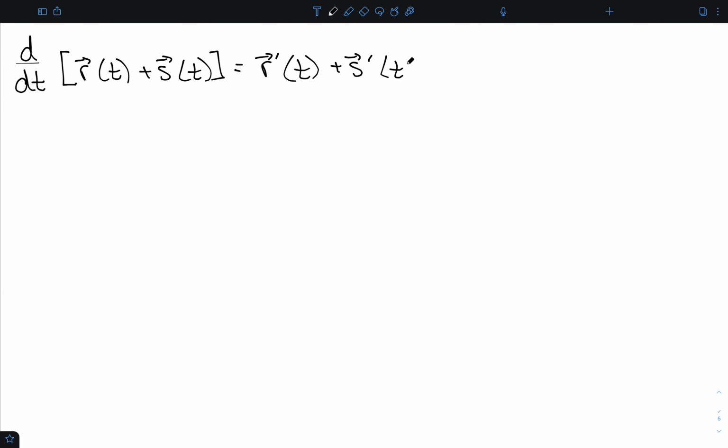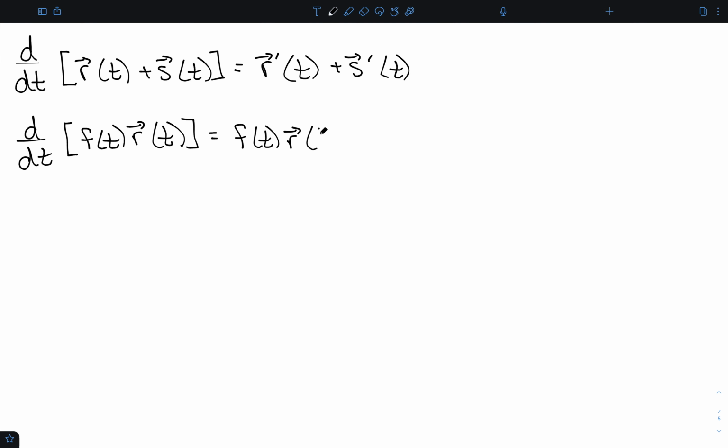If I split this up over addition, I can just take the derivative of individual pieces. My next one: what happens if I multiply my vector-valued function by a standard function? Well, this follows the product rule. I can do f of t times r prime of t plus f prime of t times r of t.